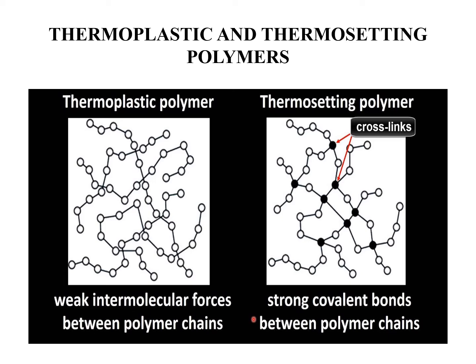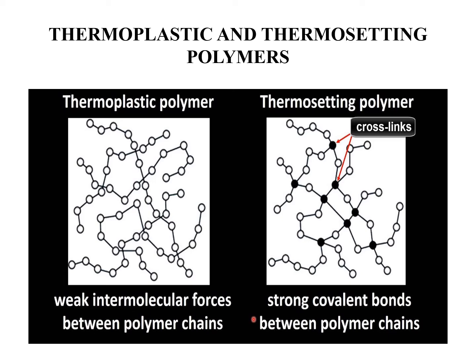It is possible because of the weak intermolecular forces between the polymer chains, and it is found in most linear polymers and some branched polymers too. Some common examples of thermoplastic polymers include polyethylene, polyvinyl chloride, polystyrene, etc.